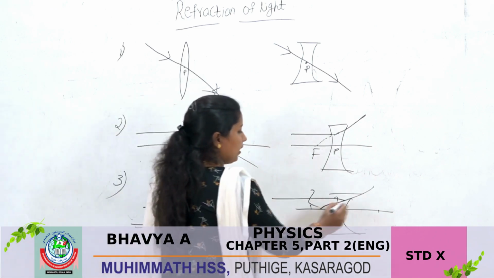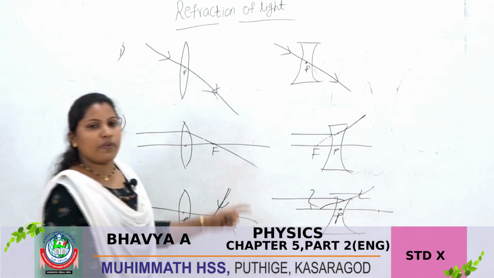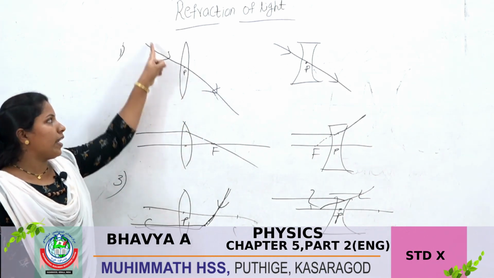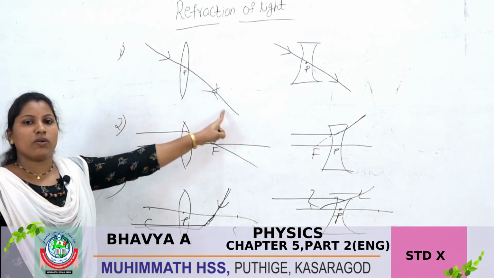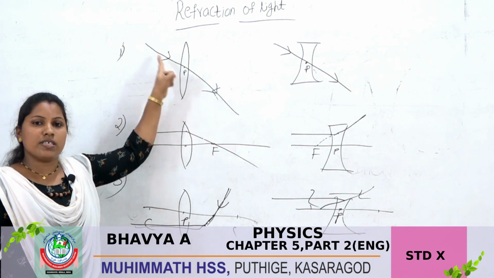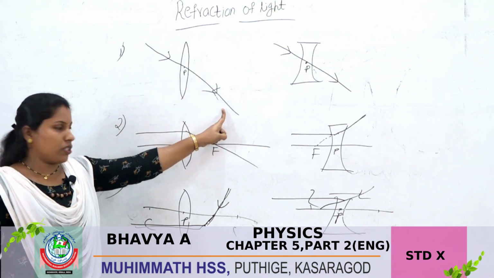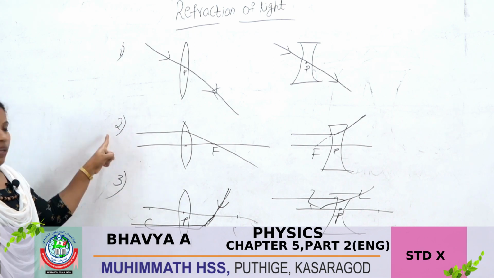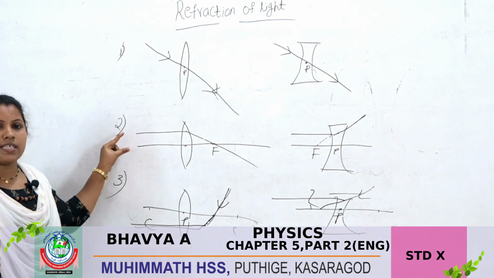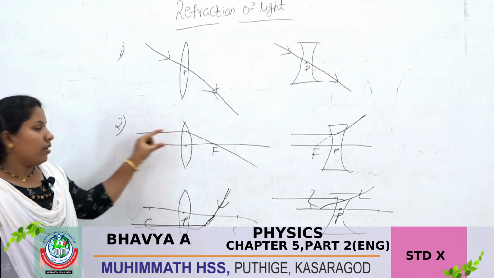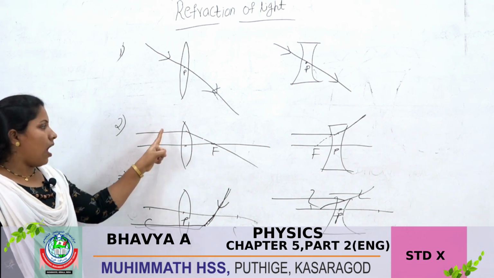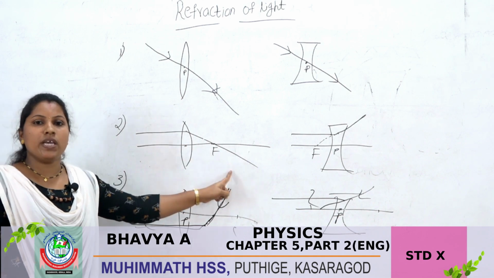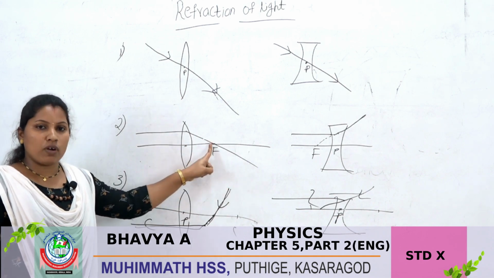So here, three rules are followed. First rule: when a ray of light passes through the optic center, it does not undergo any deviation or refraction. In the second rule, when a ray of light passes parallel to the principal axis, after refraction it passes through the principal focus.